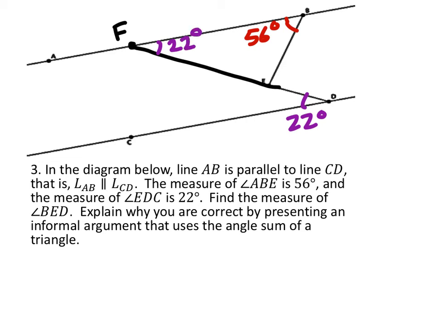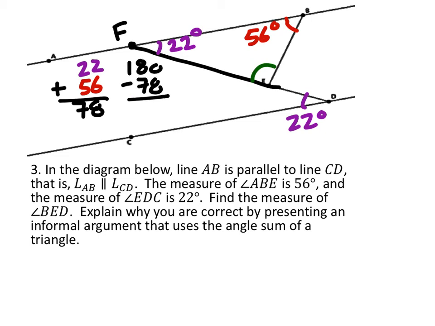And then we can solve for this green angle here by using the angle sum of triangles. So the 22 degrees plus the 56 degrees tells us those two combined are 78 degrees. Then all I need to do is take 180 and subtract those 78 degrees, which means that green angle is 102 degrees right here.